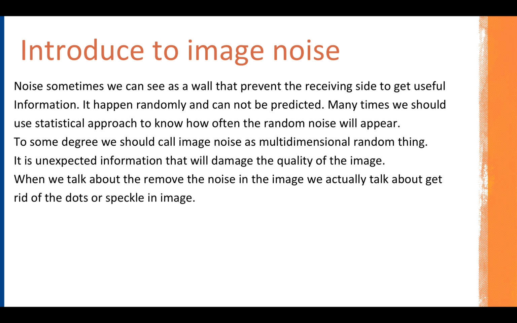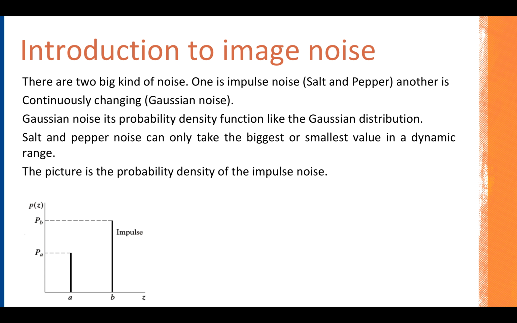When we talk about removing noise in the image, we actually talk about getting rid of the dots and sparkle in the image. And there are two big kinds of noise. One is impulsive noise, salt and pepper. Another is continuously changing, Gaussian noise.